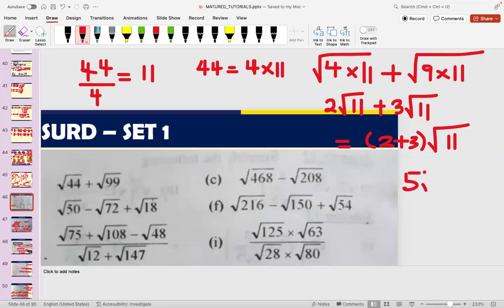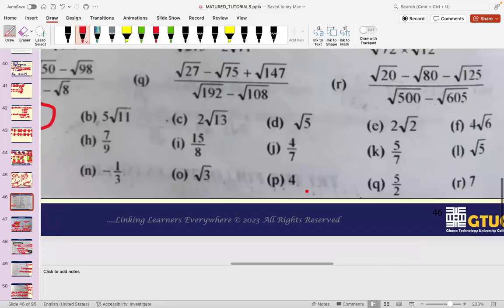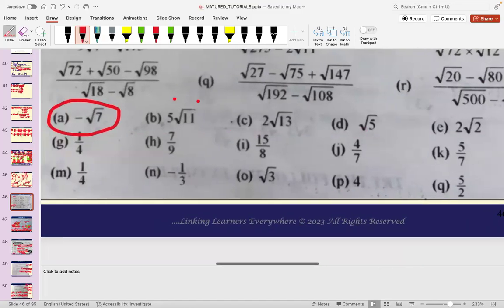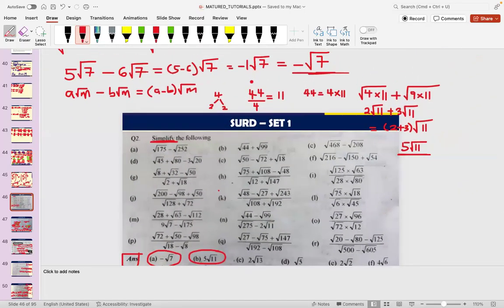So it means that finally our answer is 5 root 11. Let's check the second answer. That's what we have. 5 root 11. So the second one is also done. Any question again before I move to the third one? Because I want you to get it before we close.